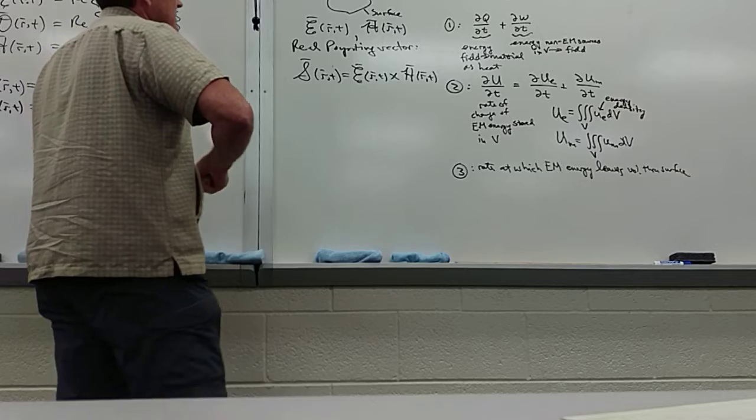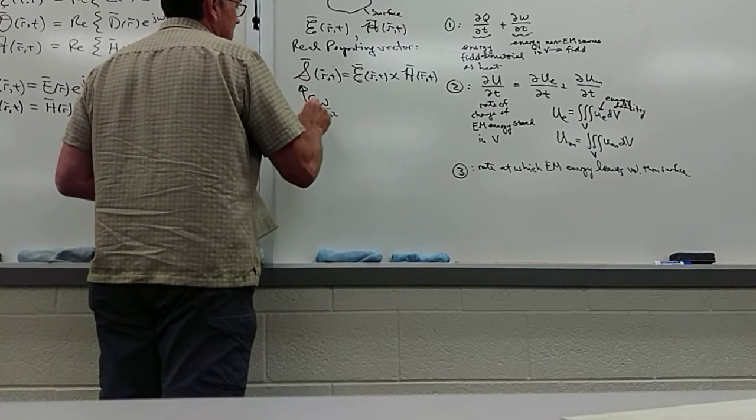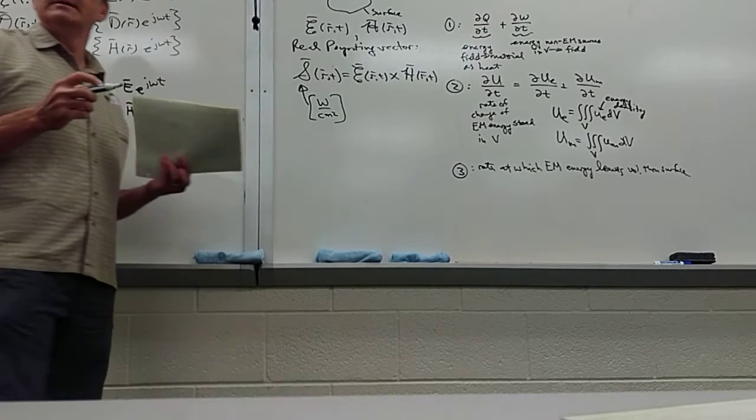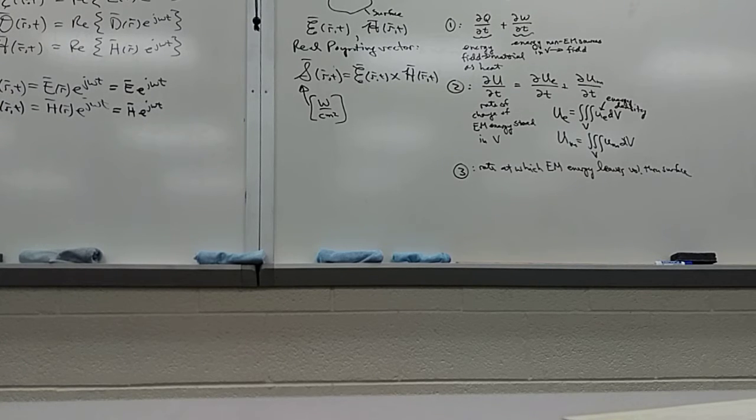Watts per area, and usually we're doing centimeter squared. Watts per centimeter squared. What quantity do we know of that has those units? The radiance. So our definition for radiance is going to come from that third term, but we're not there yet.